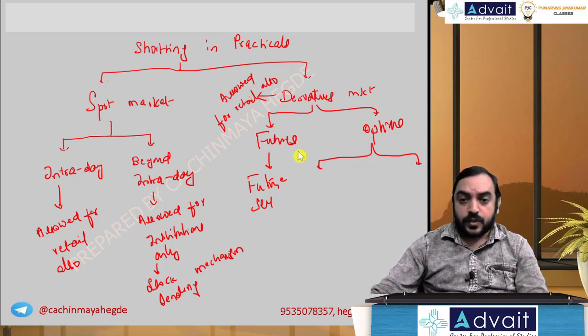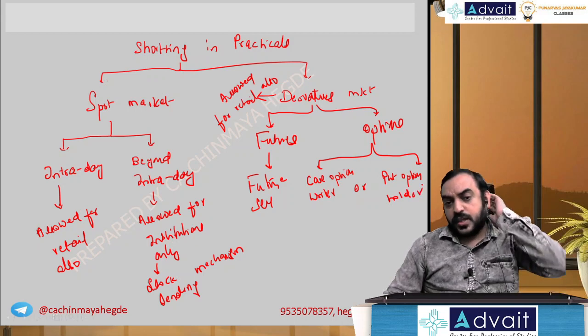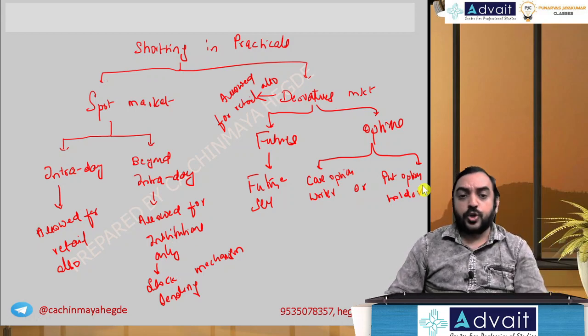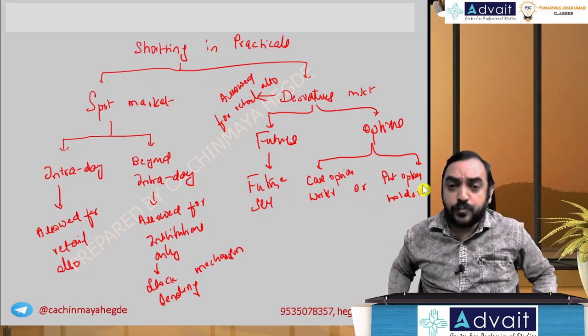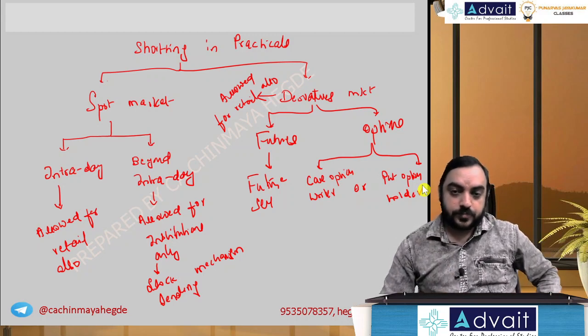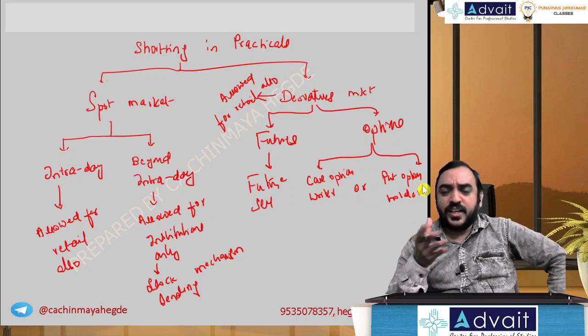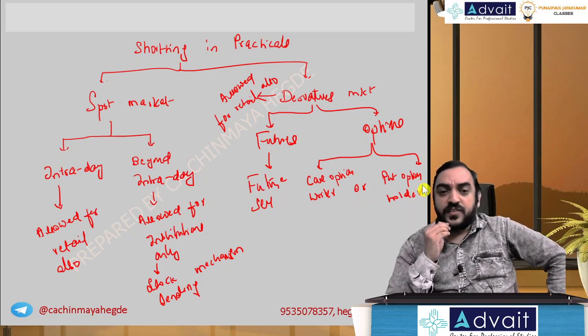One is you can become a call option writer, or you can become a put option holder. What is that and all, we'll discuss later. Just write down for your reference now.